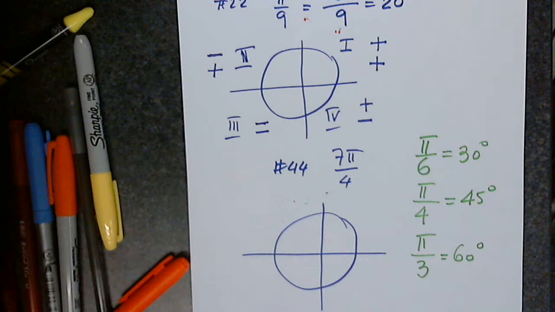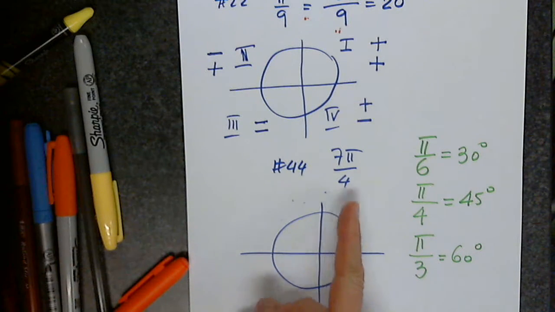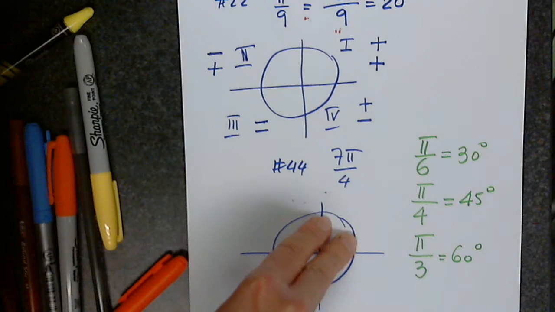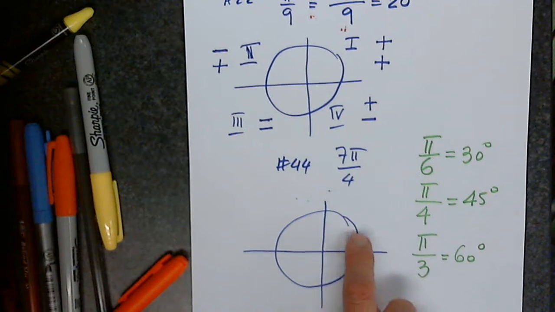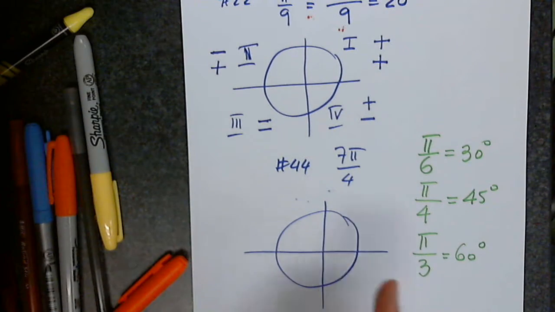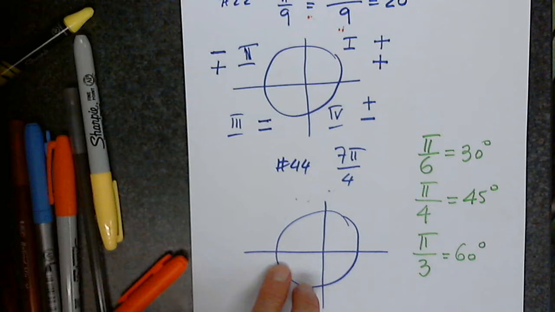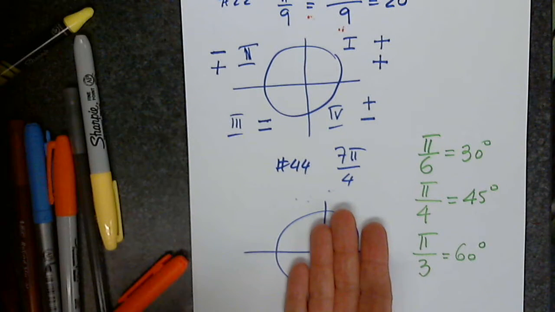Every time you get something over 4, like in this example, 7 over 4, can you tell me how many 45 degrees are in here? 2, right? 45 and another 45. 45 and 45 make 90. So pi over 4, pi over 4. How many are here? 2. How many are here? How many are total? I'm asked for 7 pi over 4.